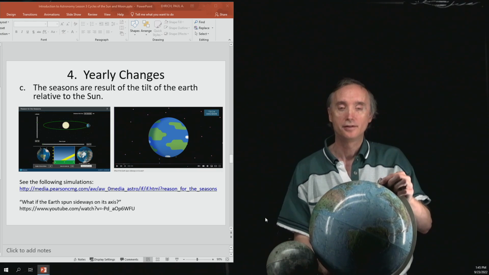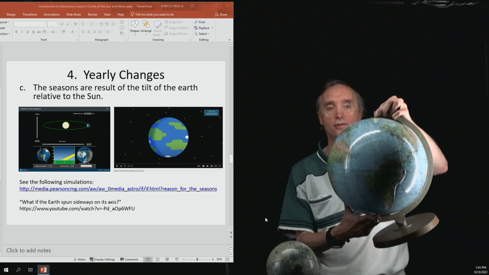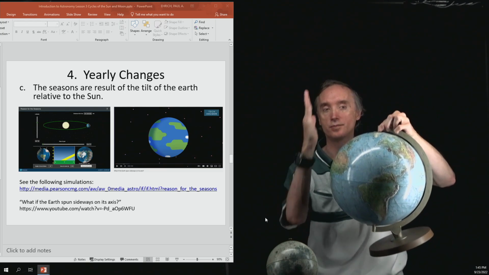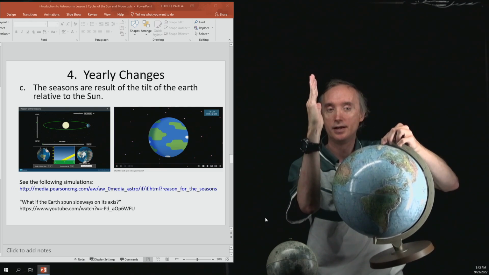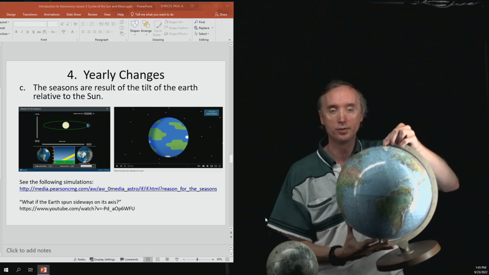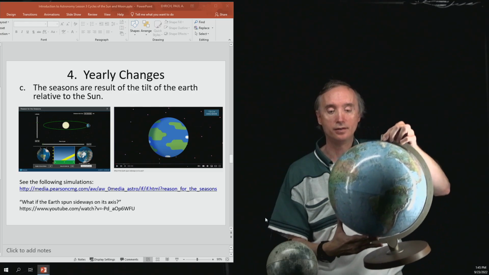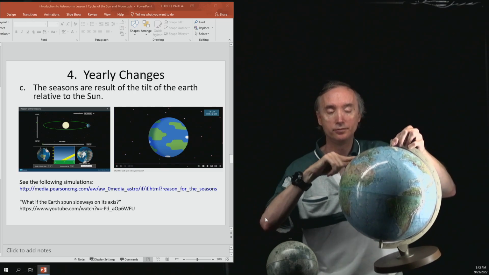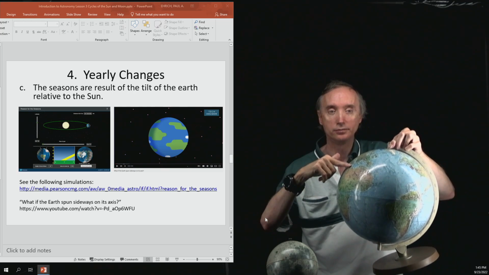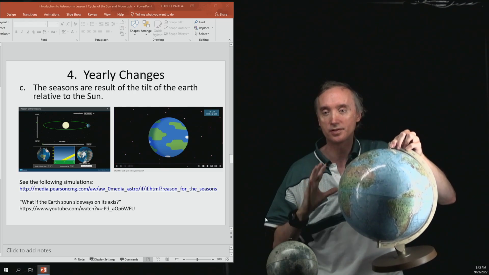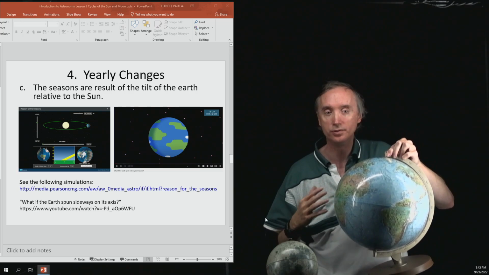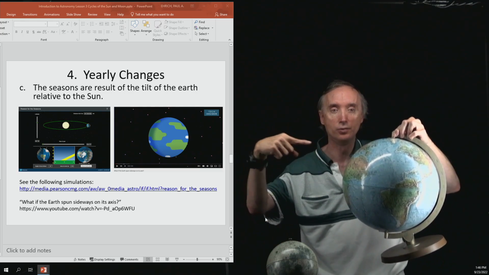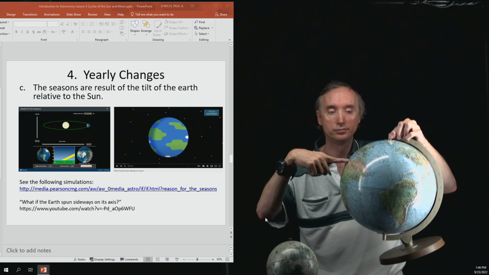If the Earth spun straight up and down like this, so the spin axis is straight up and down, then as the Earth orbits around the Sun, in Missouri up here, it would be the same weather all year round because the sun's light would always be coming in at the same angle.